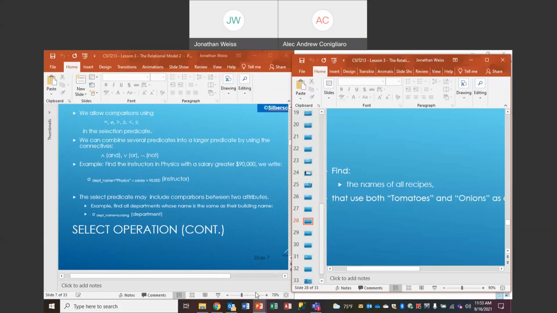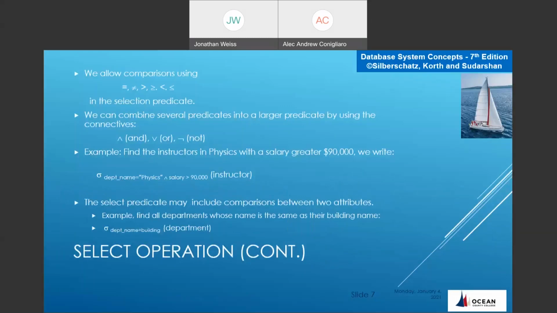Like I said, I covered that a little bit quickly, so you might not have fully appreciated that. But when we do a select operation, we can have a condition, and we can have more complex conditions by using those and, or, and not operators. Everybody good with that?